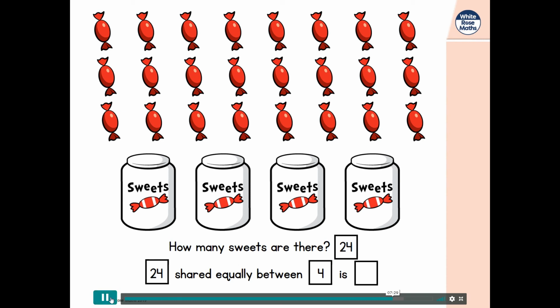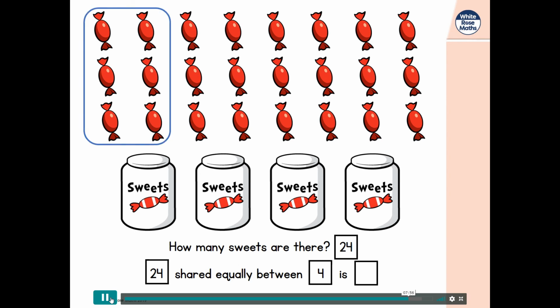Now, how can we share them equally? We could do them one at a time. Yes, that would work. But what might be more efficient? Could we do them in rows? No, we only have 3 rows. Could we do them in columns? Well, we've got 8 columns. Wait a minute.